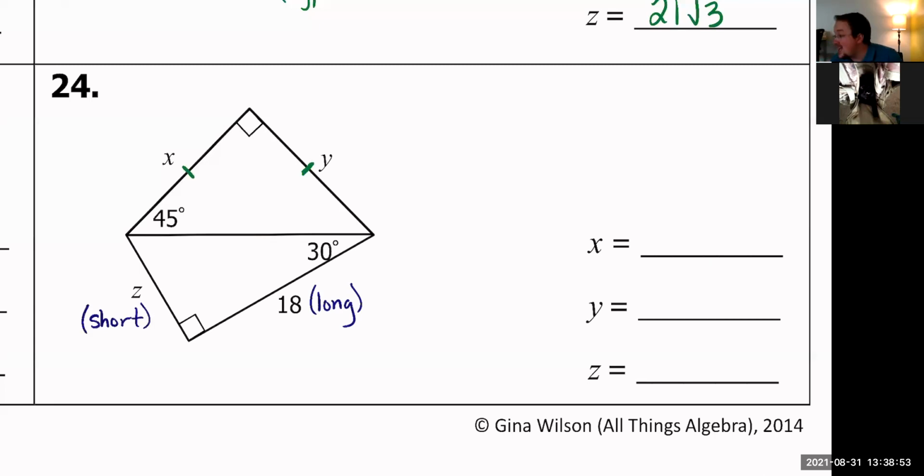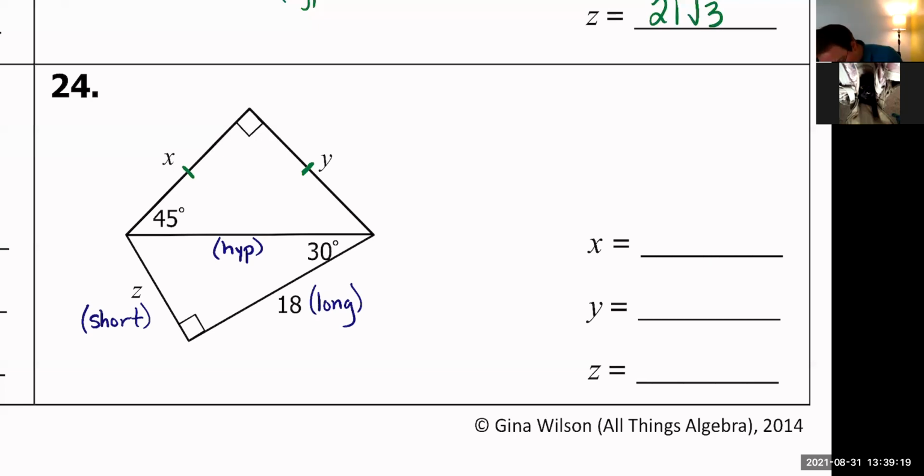And then although it's not specifically labeled, that must mean this other side over here is our hypotenuse. Now, even though it's not labeled, will it serve a purpose later? Yes. Because not only is it the hypotenuse of our 30, 60, 90, it is also the hypotenuse of our 45, 45, 90. So we'll come back to that here momentarily.